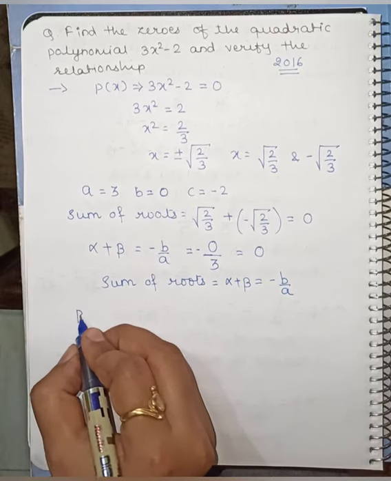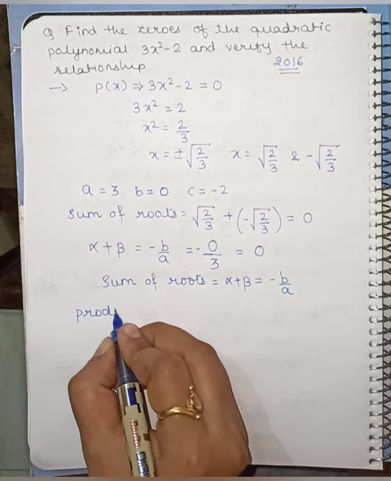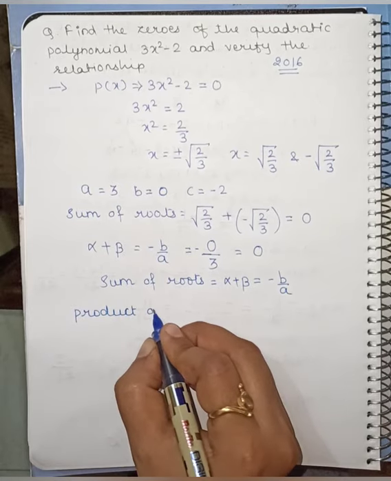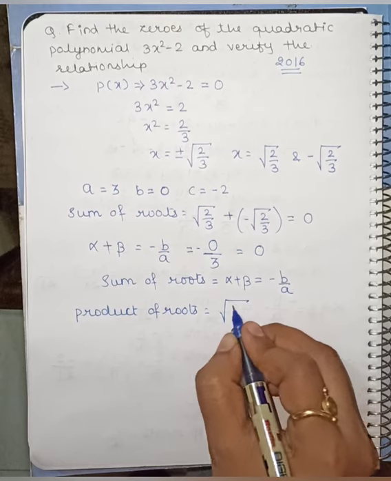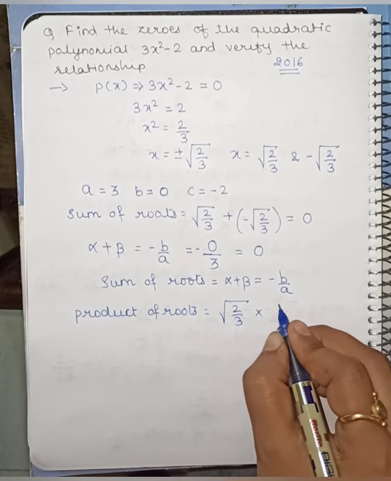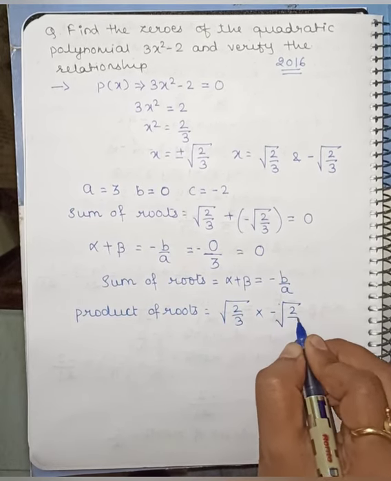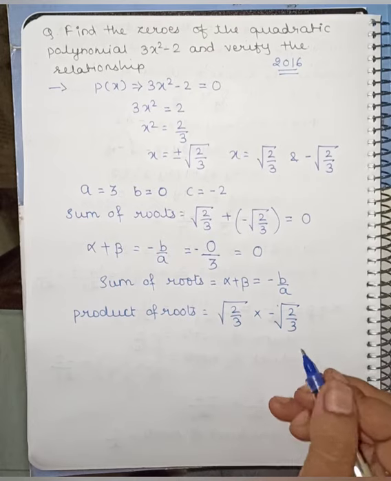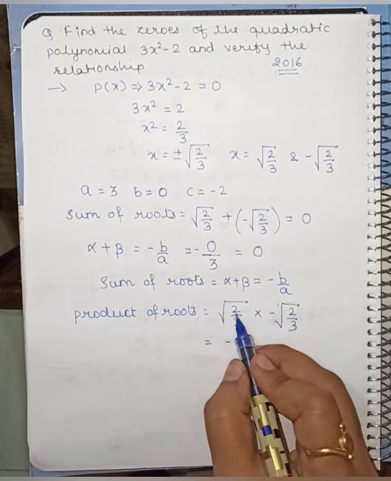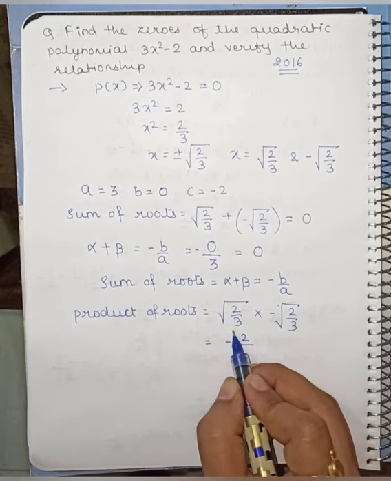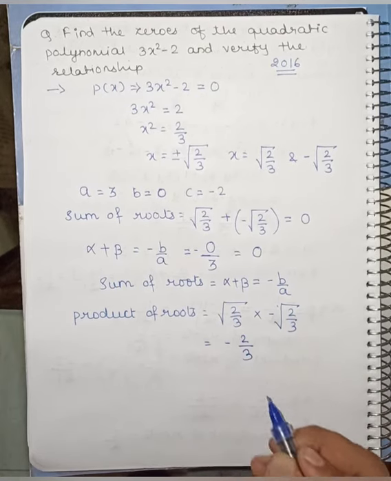Next case, let us verify the product of roots. The given roots are under root 2 by 3 into minus under root 2 by 3. Okay, so when you multiply, plus into minus, you will get minus. Root 2 into root 2 you will get 2, whereas root 3 into root 3 will get it as 3.